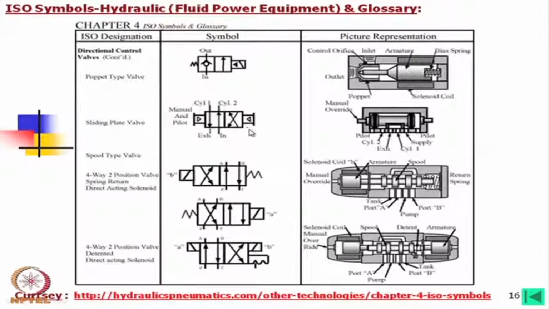If the spring is pushing this one, in that case oil is coming in and going to port B, that means this one, port B. So, if we do not actuate this one, then this valve will be in this position, but if we actuate, then it will be in this position. So, the normal position is away from the spring, that means by this spring this position is maintained, by this one this position is maintained.